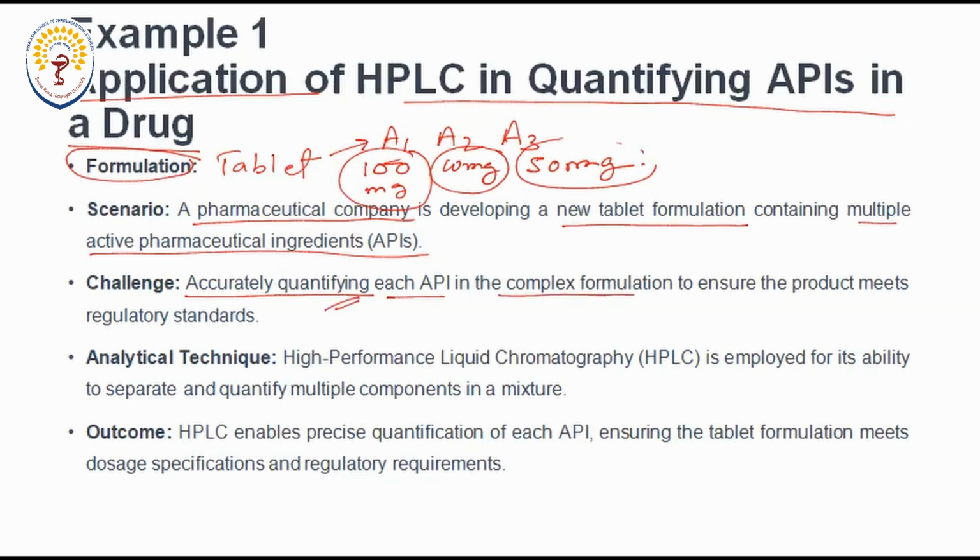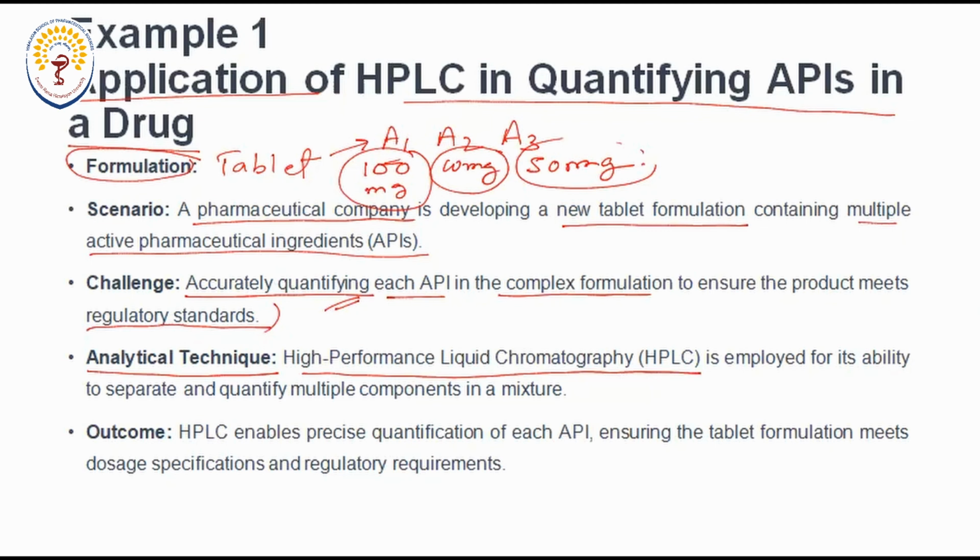The formulation obviously is complex and we need to quantify A1, A2 and A3 because it will ensure the quality and it will comply with the regulatory standards. So to solve this problem, we will use an analytical technique. In this problem, we will be using HPLC, high performance liquid chromatography.